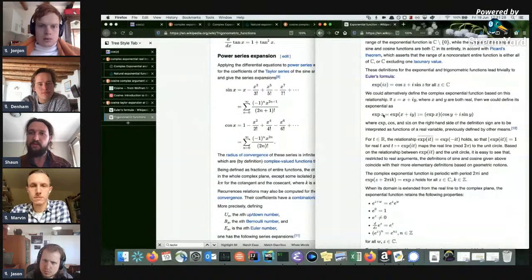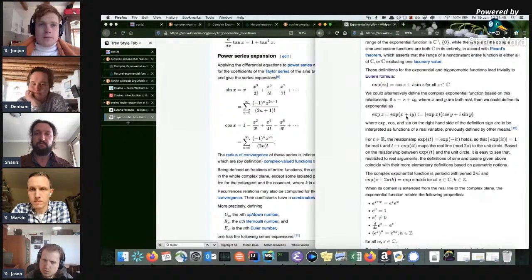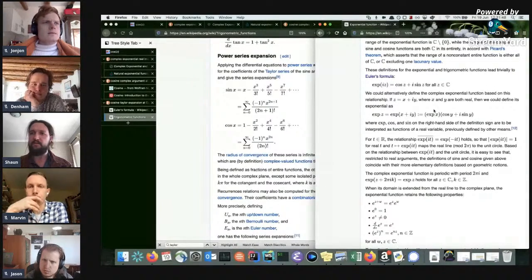Over here. So every complex number, as you know, can be written as the real and imaginary parts, right? And when you do that, you have e to the z over here, and that's equal to e to the x plus iy. And with exponents, it's a common rule in the real numbers, I think it's pretty clear here, where you can split up the exponent into two separate entities.